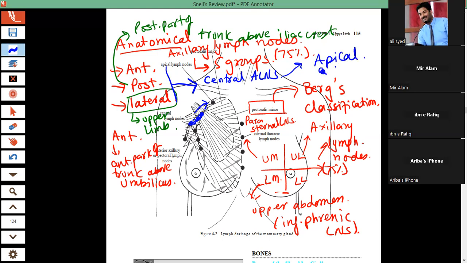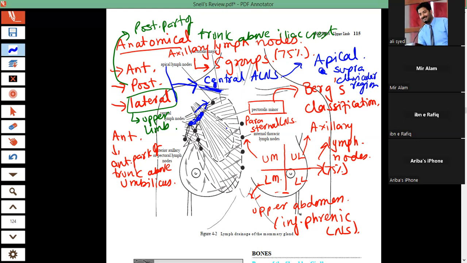Your apical lymph nodes are present around your supraclavicular region, or around the clavicle bone. This is your clavicle bone.